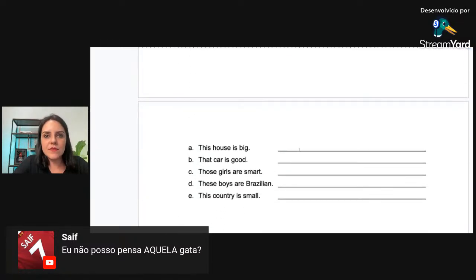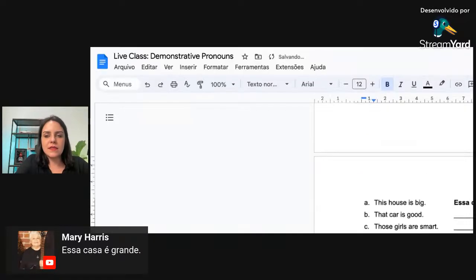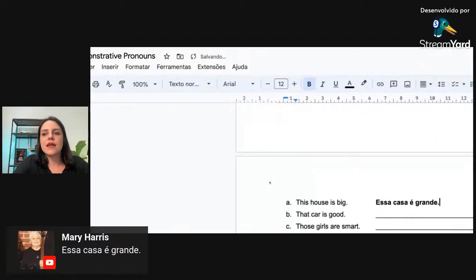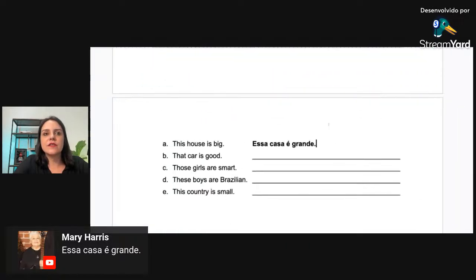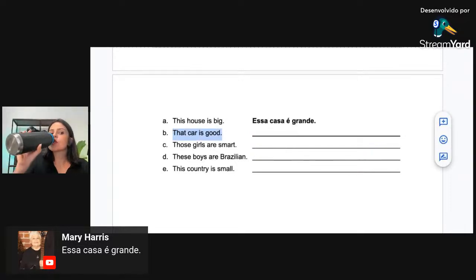Vamos para a frase então. Vocês colocaram aí. Muito bom, Mary. Essa casa é grande. Very good. Ok, vamos para o próximo. That car is good. E aí?